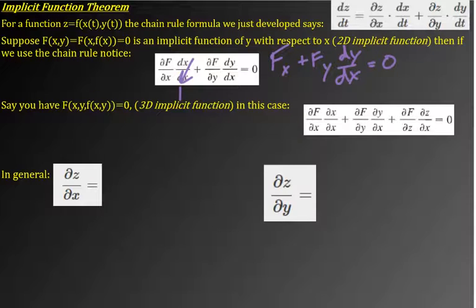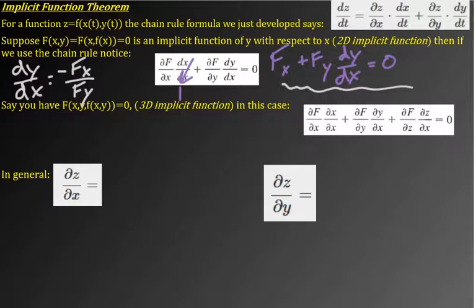And so the nice trick is, if you rearrange this for dy/dx, you actually have a little formula to find the derivative of implicit functions, the ordinary derivative, notice. It would just be the negative of f with respect to x over f with respect to y, if you just solve this for dy/dx.